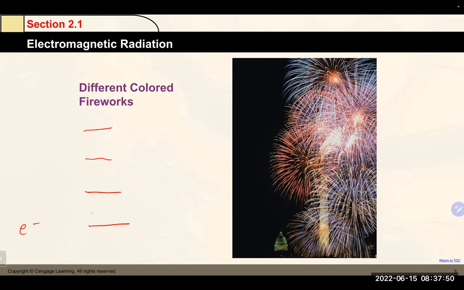For example, if this is a lower energy level, we have an electron. At some point you could do something to it that will excite the electron. It will gain energy, and when an electron gains energy, it has to move up to a higher energy level.